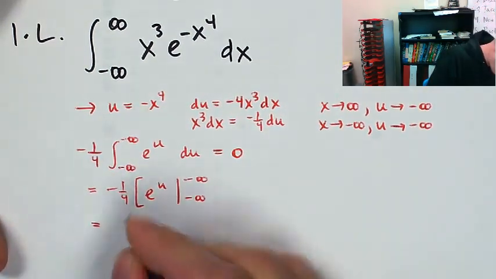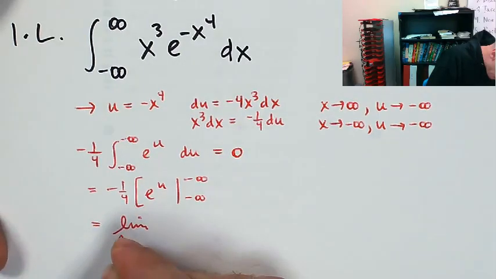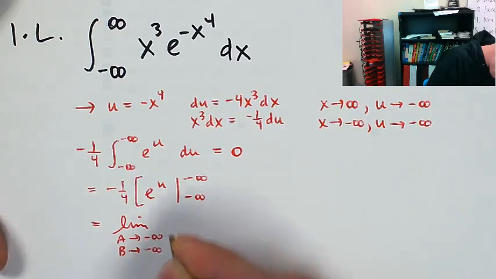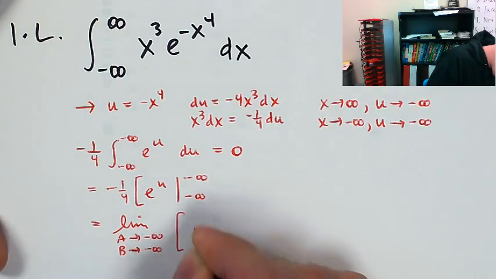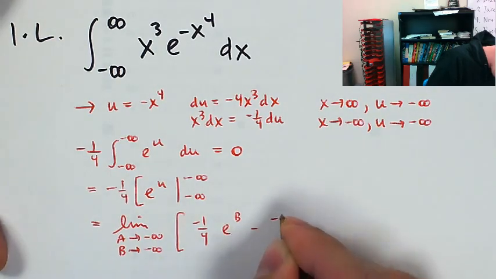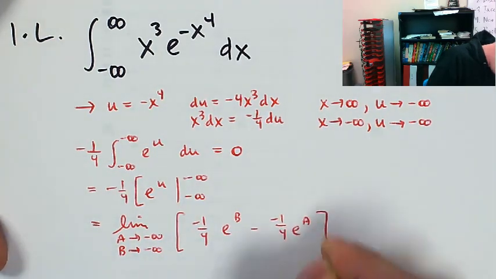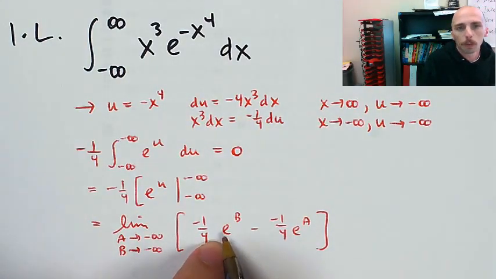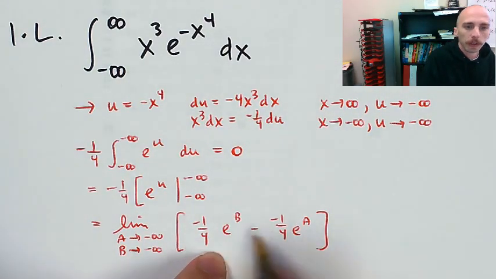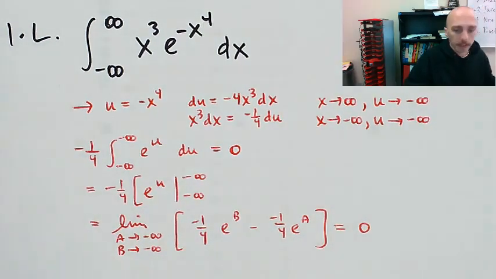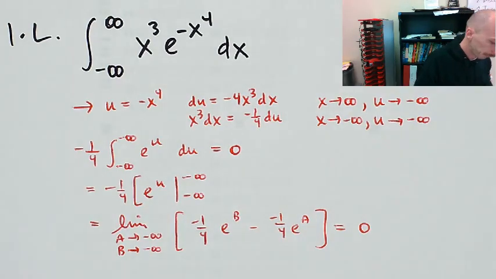So I'll take the limit as both a and b go to negative infinity. I'll have negative 1/4 of e to the b minus negative 1/4 of e to the a. Both of these limits are going to 0 because it's e to the negative infinity, or basically 1 over e to the infinity. So 0 minus 0 is 0. So this one did exist, and it did equal 0.